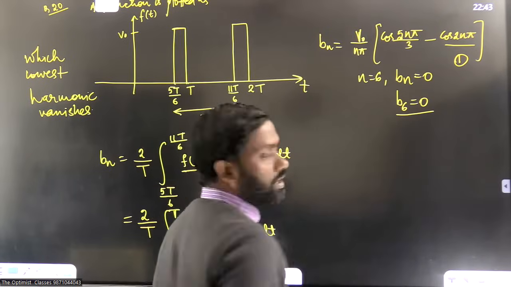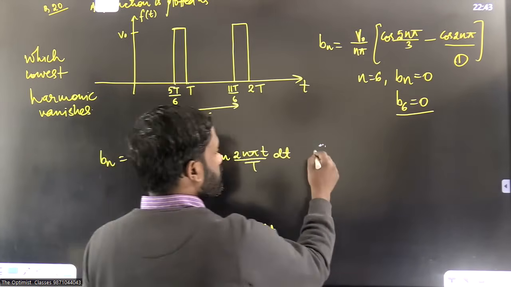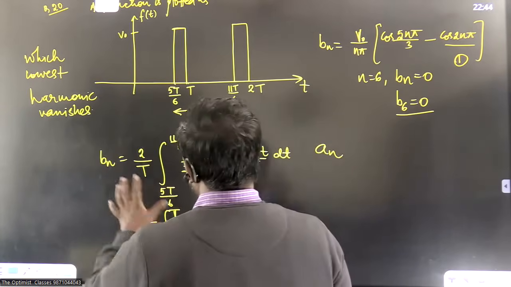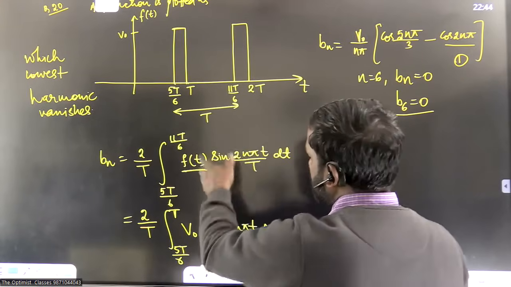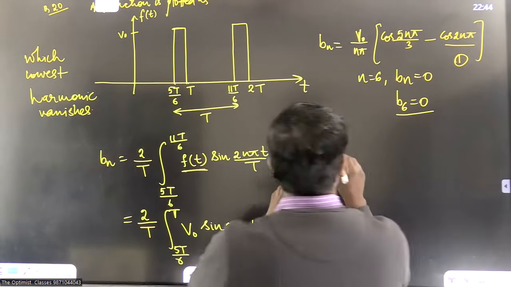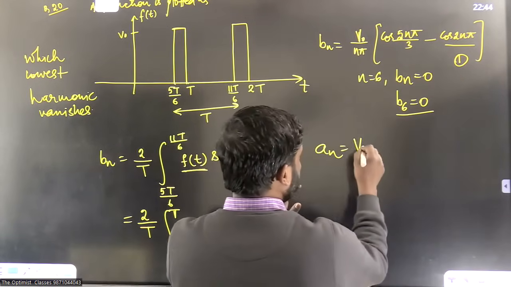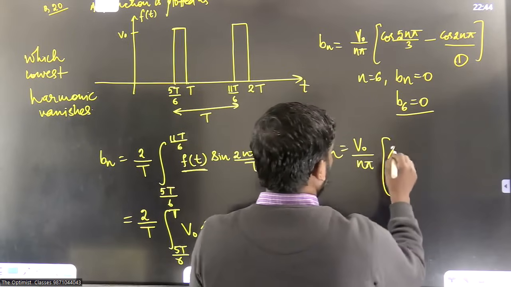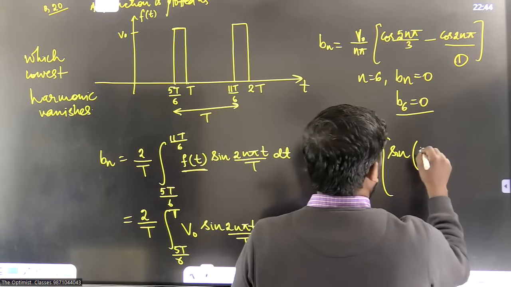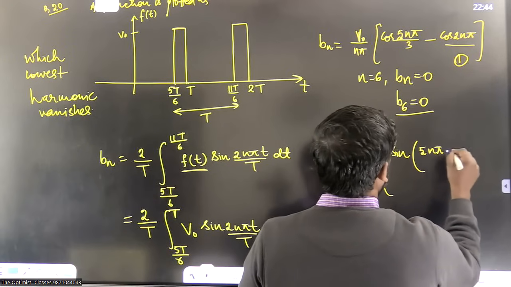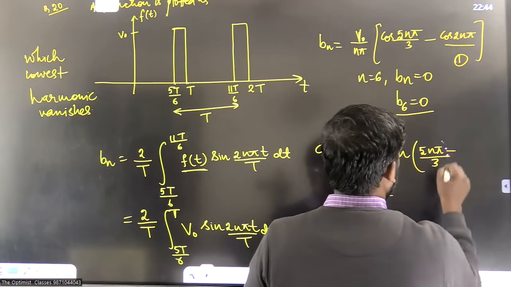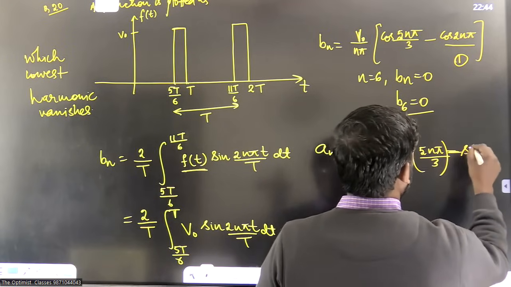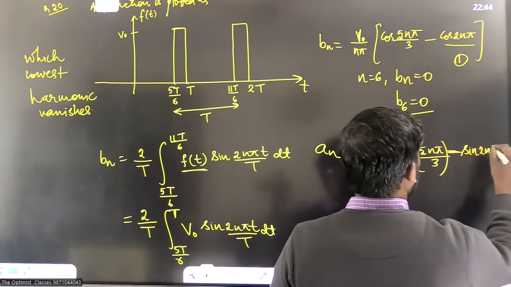Similarly, when you calculate an, bn is basically the coefficient of the sine term in the Fourier series, and when you calculate the coefficient of the cosine term, you will get something similar, V naught upon n pi, and here you will get sine terms, sin 5n pi by 3 minus sin 2n pi.